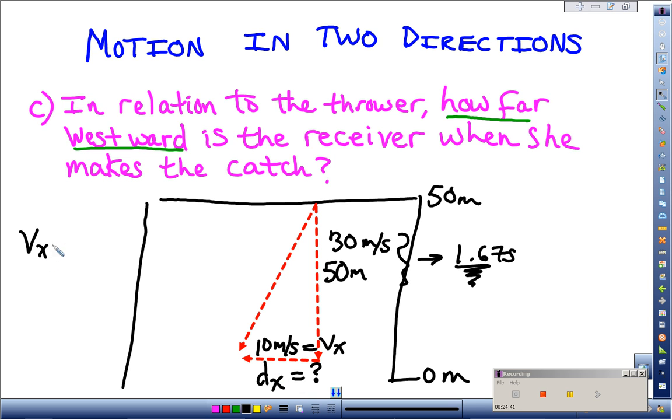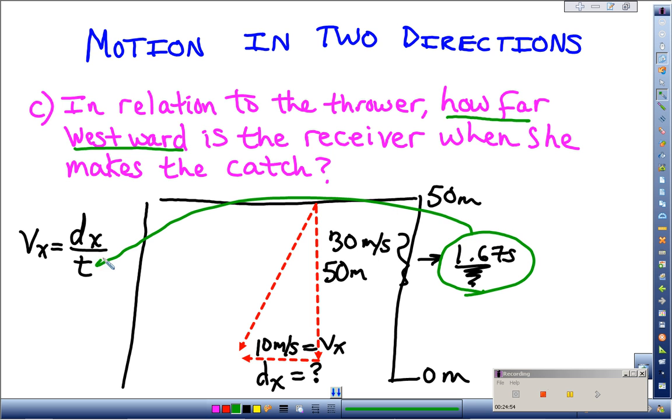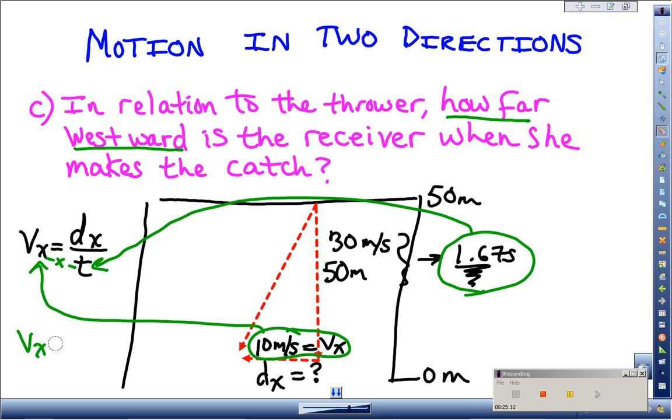The very similar equation looks like this. The velocity in the horizontal direction is equal to the displacement in the horizontal direction divided by the time. And remember, you found that time. It's the same time that it takes to move in the vertical direction. So if you throw that in, and take this value for your velocity in the horizontal direction and throw it in up there, you can multiply your velocity in the x by your time total to get your resultant displacement.